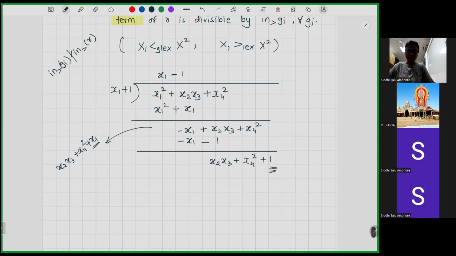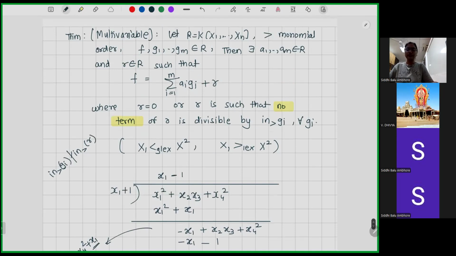I don't think this is just division. And in Macaulay2, I did this last time also.